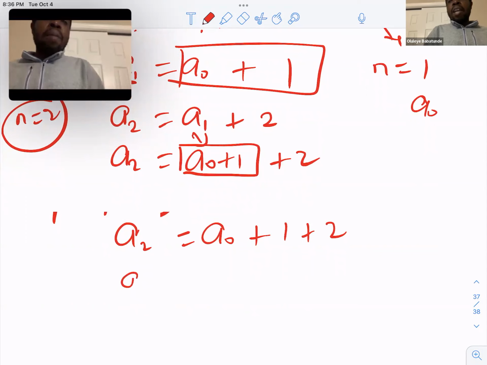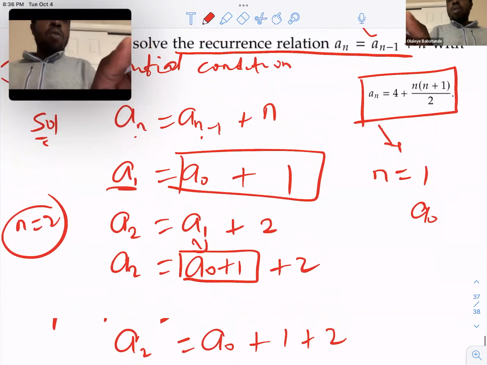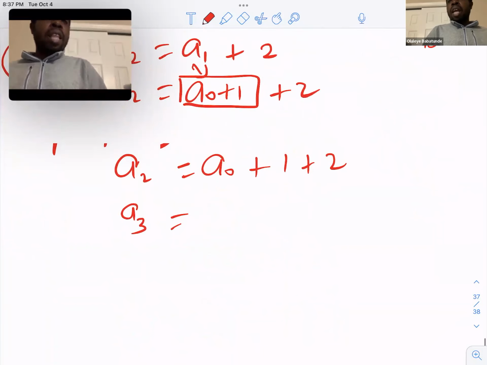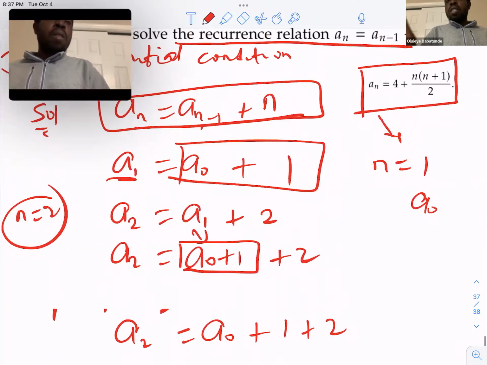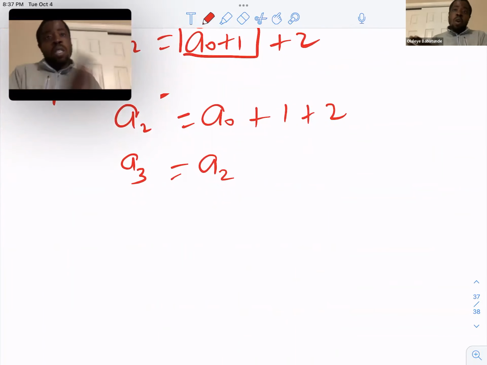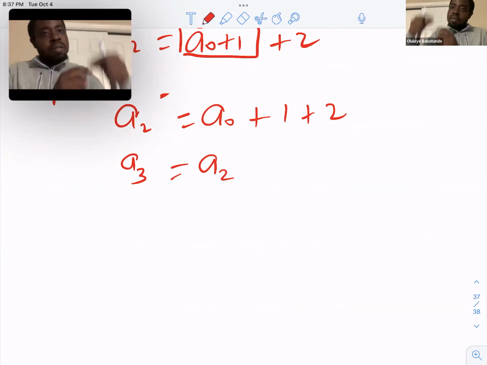Similarly, I can define my a_3 using this formula. Always remember this. I can define my a_3 in terms of a_2. See that? Just next one equals previous one plus n.